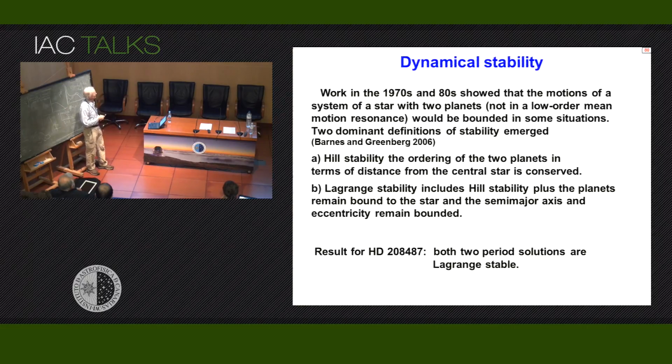And a tighter stability criteria is called Lagrange stability, which includes Hill stability plus the planets remain bound to the star, and the semi-major axis and eccentricity remain bounded.